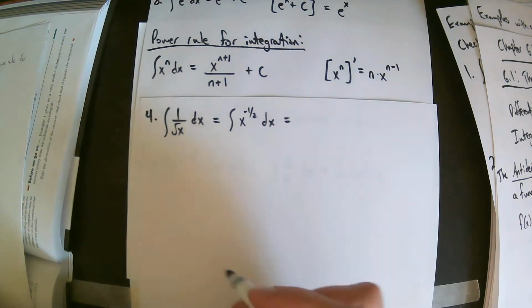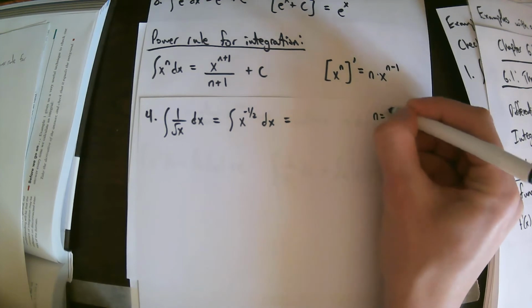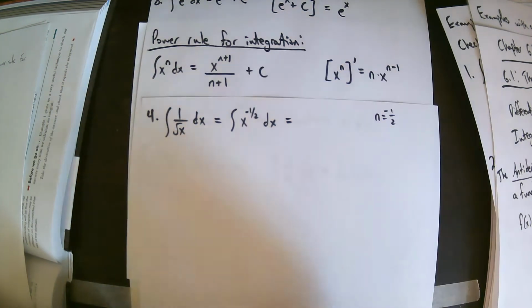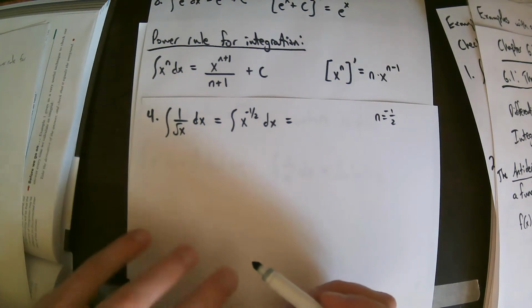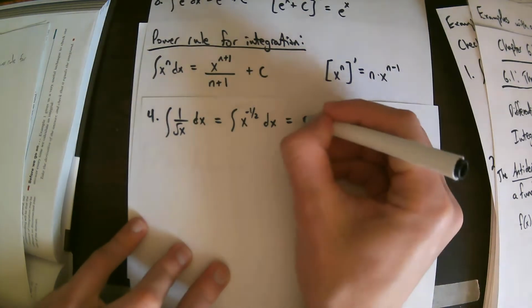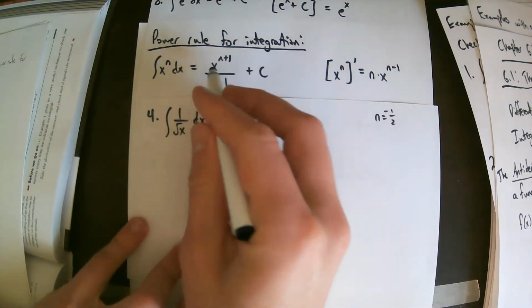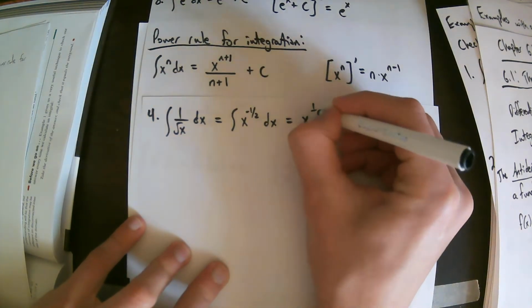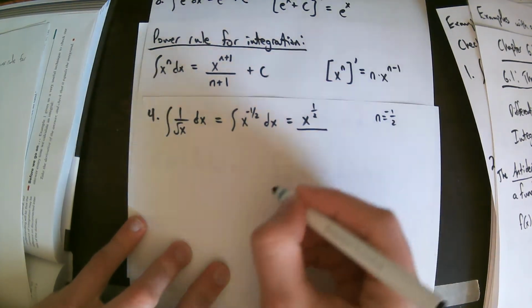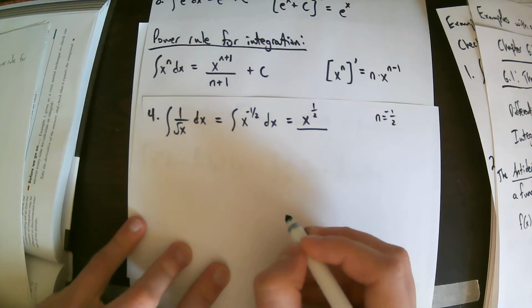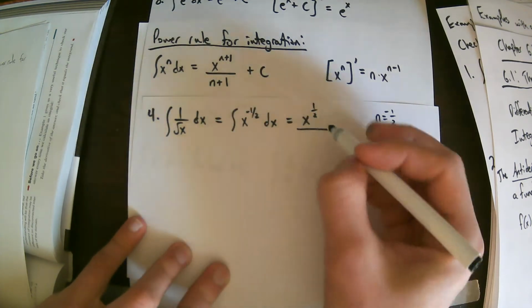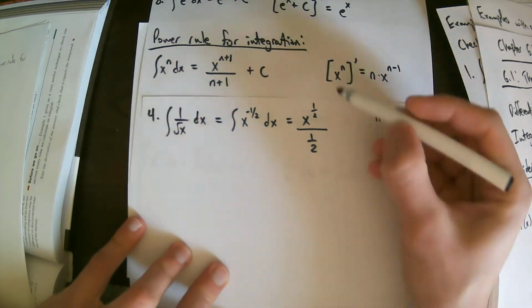So now that I see n is equal to negative 1/2 for this problem, now I can say, well, this is x to the n plus 1, n is negative 1/2, so negative 1/2 plus 1 is 1/2. And then over n plus 1, that's negative 1/2 plus 1, which again is 1/2, right? These should match.